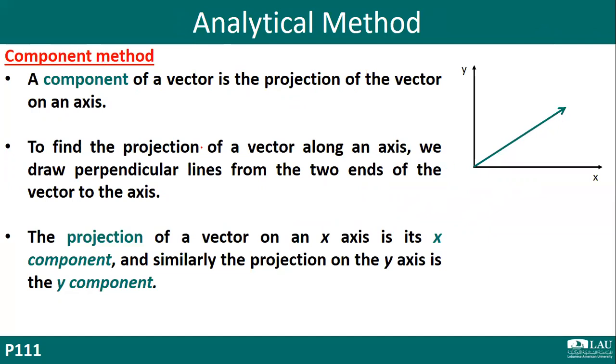To find the projection of a vector along an axis, we draw the perpendicular lines from the two ends of the vector to the axis: the perpendicular to the y-axis and the perpendicular to the x-axis. The projection of a vector on the x-axis is called its x component.